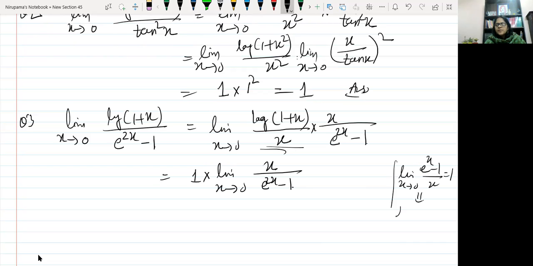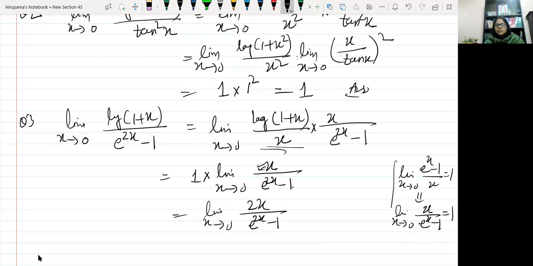It means limit x approaches 0, x upon e to the power x minus 1 will also become 1. The power of e we cannot change, but we can manipulate this, right? So we can have limit x approaches 0, 2x by e to the power 2x minus 1.